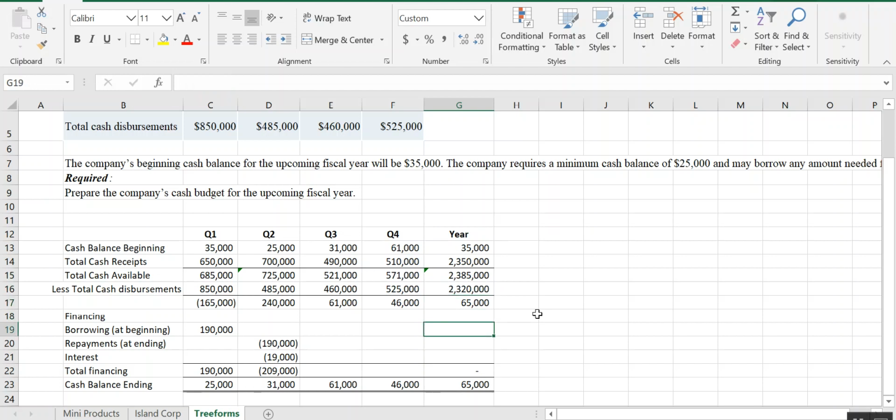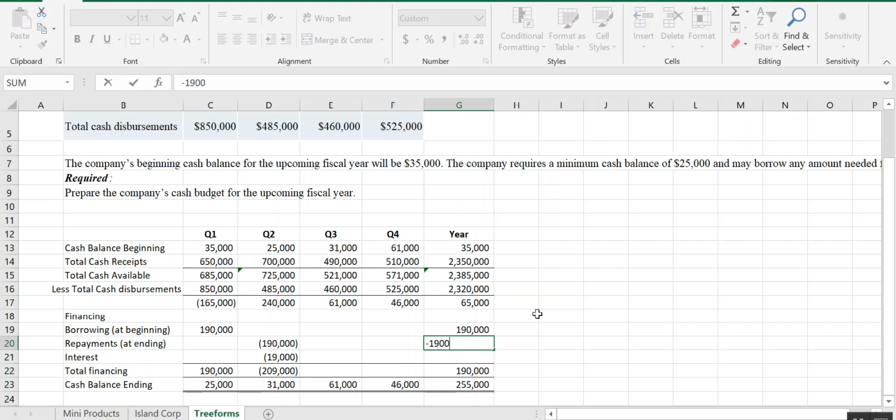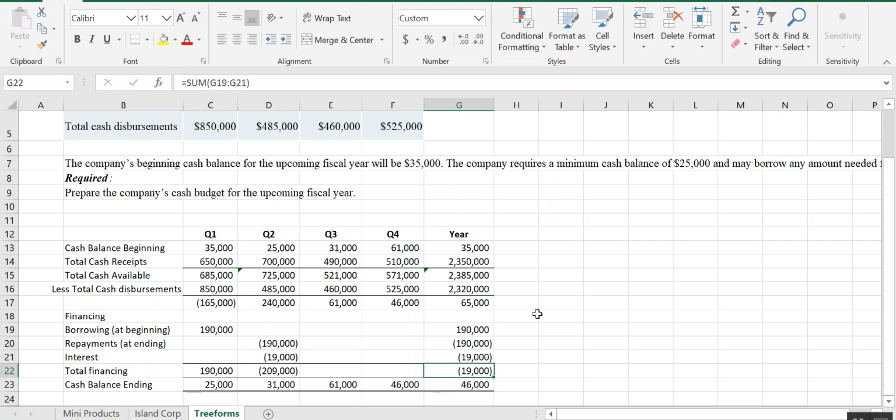However, we need to show the sources of financing right here and the uses of our funds for financing right there. So we have the positive 190,000, the payback, which is a negative 190,000, and the payment of interest, which is a negative 19,000.